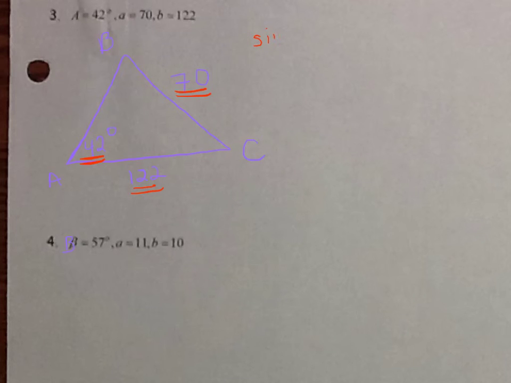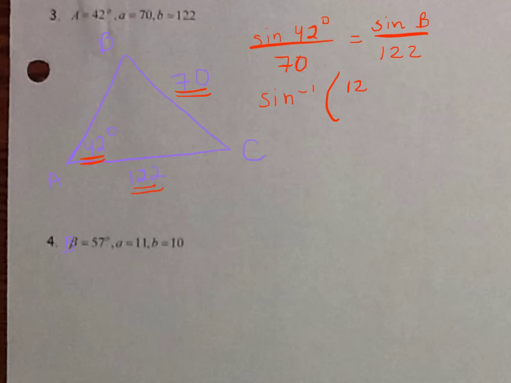Sine of the angle given over the opposite side. Let's solve for angle B now. Sine angle B over 122. And then just like before, here's what goes in my calculator, really carefully. That will be angle B.